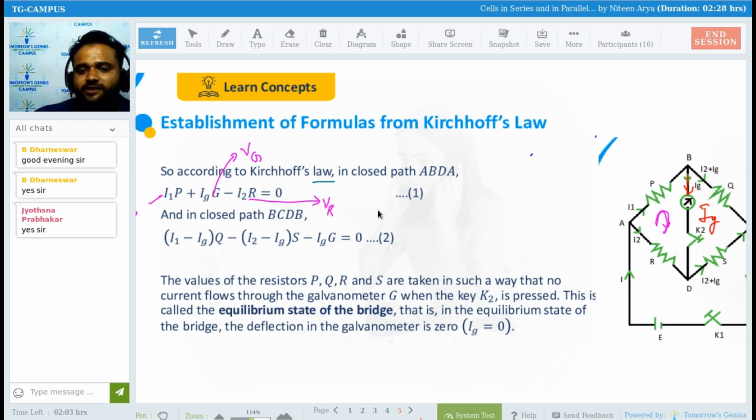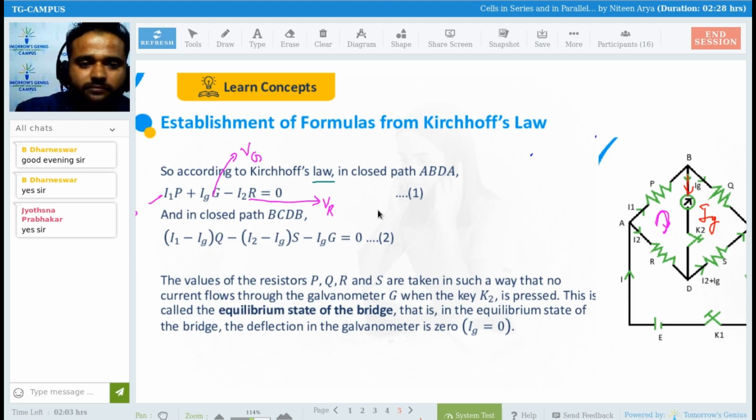Then in closed path B, C, D, B. Now you can understand this. It is I1 minus IG, and then it is going to be I2 plus IG. Why so?